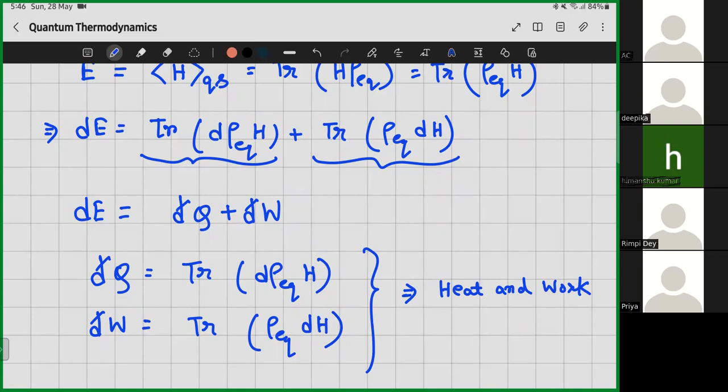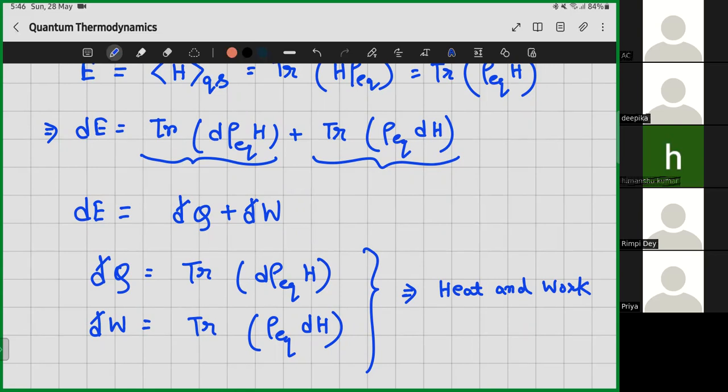That means will it be an inexact or an exact differential. Your logic is okay, that what the heat will do, heat exchange will change the population. Logic is okay, but in mathematical terms, is it?